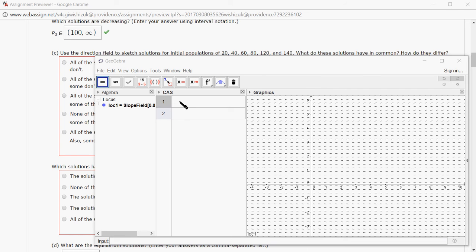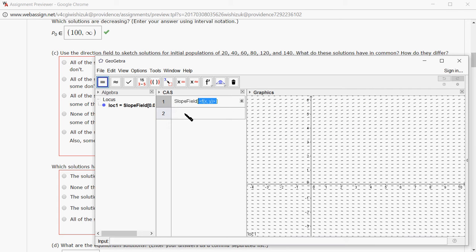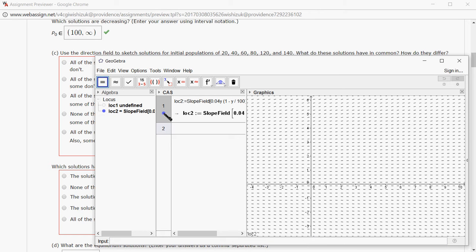Okay, the problem was I was using P, so I have to use y for the slope field. So we have 0.04 y times 1 minus y over 100, and hit enter. Now we can see the slope field.